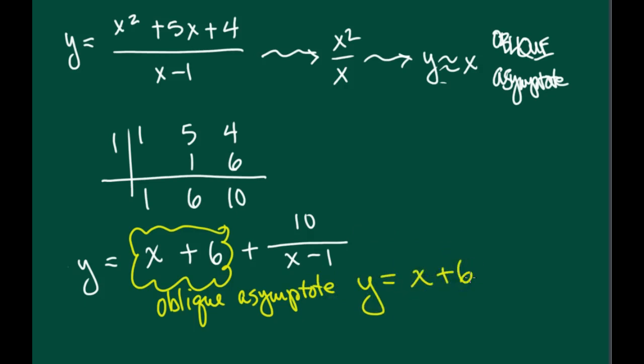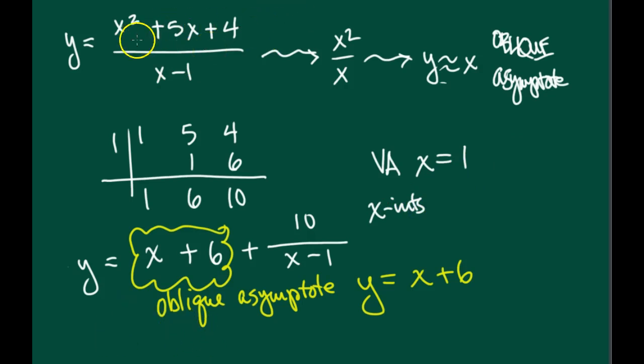We can also see we have no horizontal asymptote. You can have an oblique, but not an oblique and a horizontal asymptote. Looking at the denominator, we see that we have a vertical asymptote at x equals 1. And we have x-intercepts at, gee, we didn't factor that.